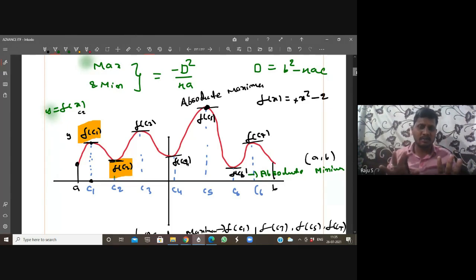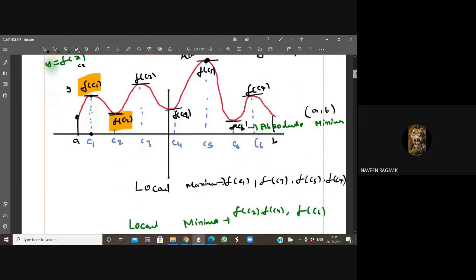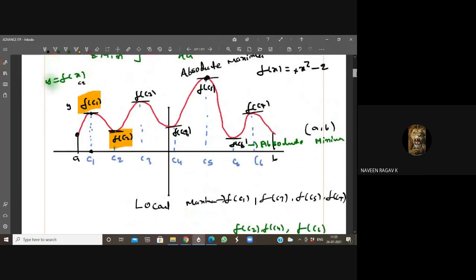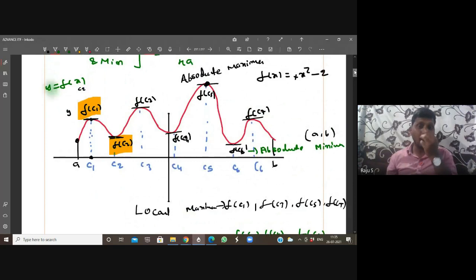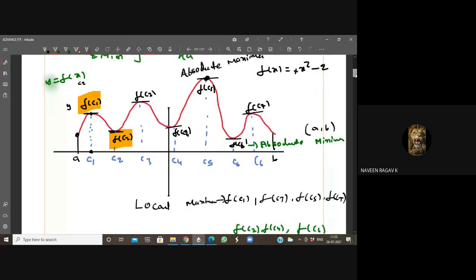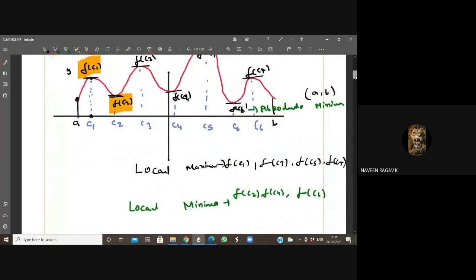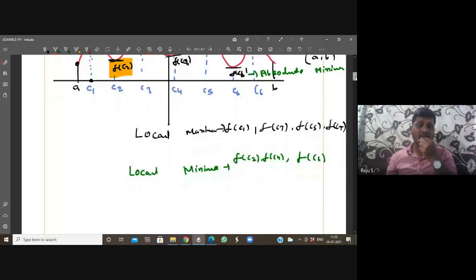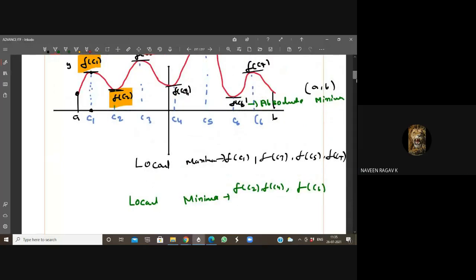Is it clear, students? Local minima, local maxima, and absolute minima, absolute maxima. A student asks: sir, if all the minima are on the same line, at the same height?